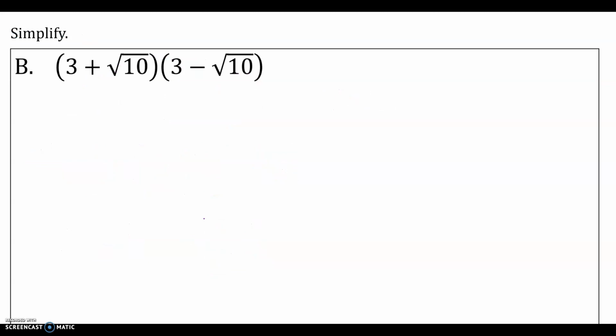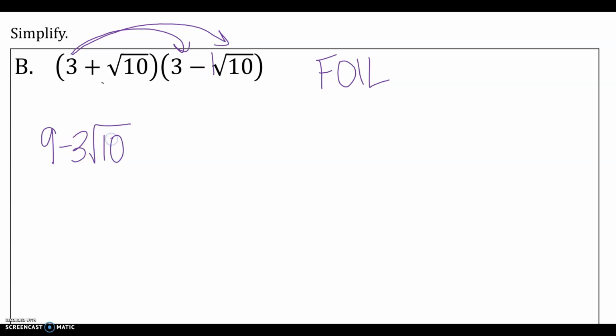Let's try another one. Let's look at this one. So let's FOIL this one. 3 times 3, 9. 3 times negative radical 10. There's a 1 here, so it'd be negative 3 radical 10. Inner would be positive 3 radical 10.